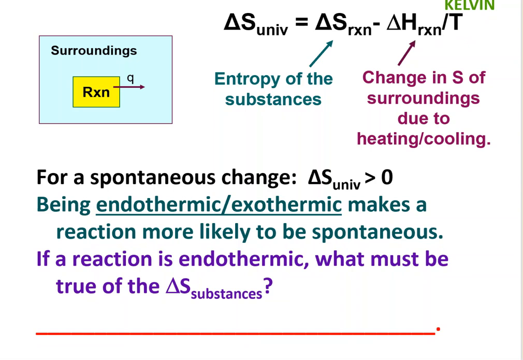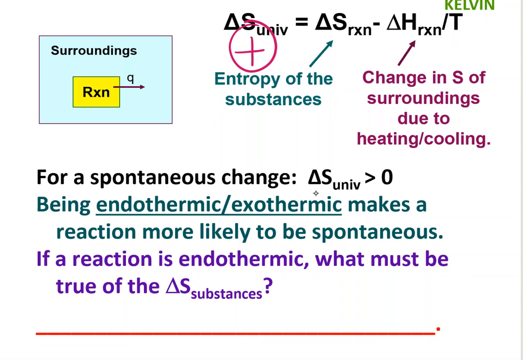Okay, so if the change in entropy for the universe needs to be greater than 0, in other words, we need this number to be positive, does being endothermic or exothermic make a reaction more likely to be spontaneous? So if I look at the reaction, if I want this to come out to a positive term overall, I need the heat of the reaction to be negative. That will help make this number bigger.